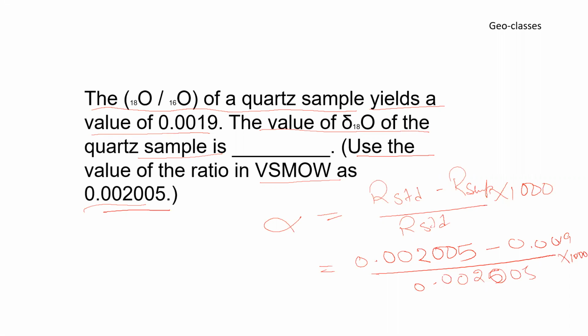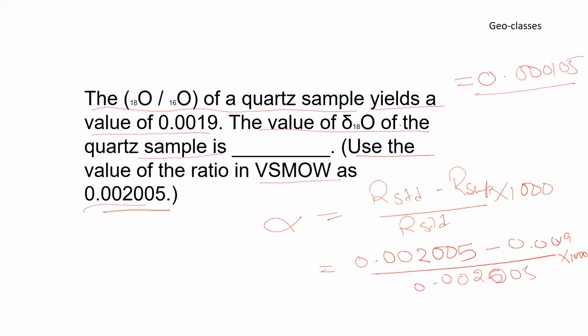The result is coming as 0.000105, divided by 0.002005, multiplied by 1000.